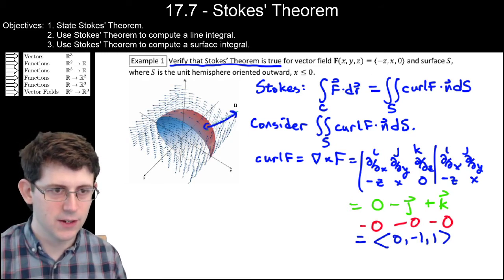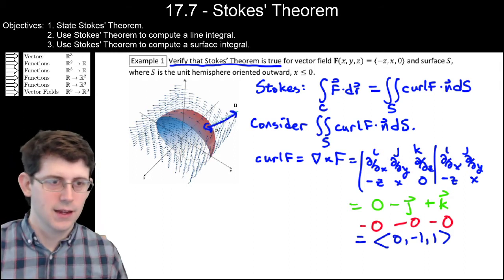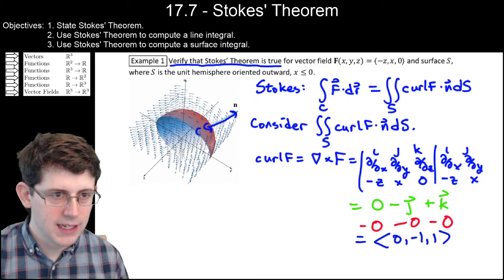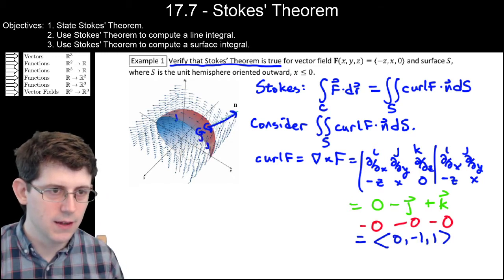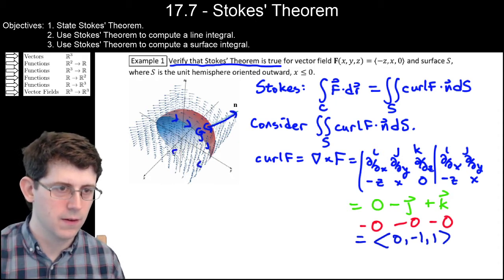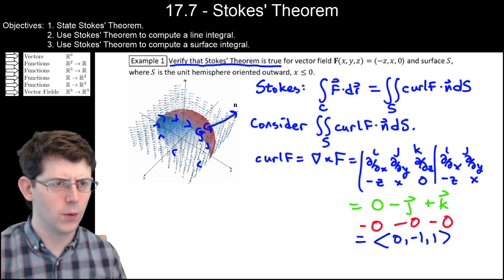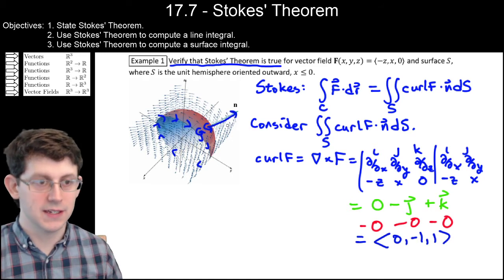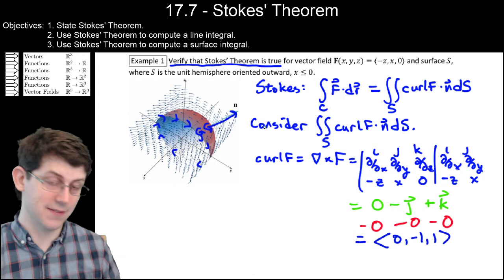You imagine a little right-hand rule with a thumb pointing out, and that tells you which way the curve is going. So the curve must be going this way. The curve C is this loop in the YZ plane, and the surface is half of the unit sphere, just for the negative x's.